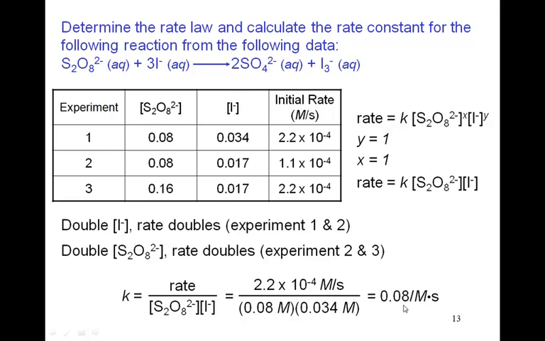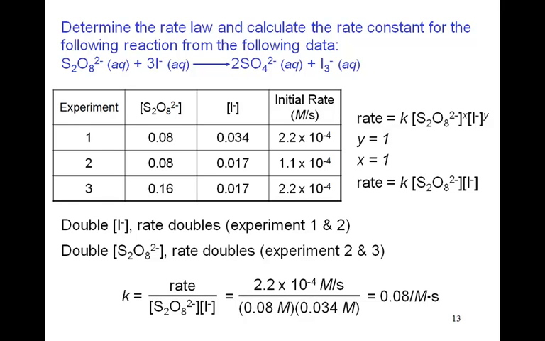So the answer is 0.08 moles per liter to the minus 1 power times seconds to the minus 1 power. We can draw a line and put them underneath, or we can write this as M to the minus 1 and s to the minus 1.